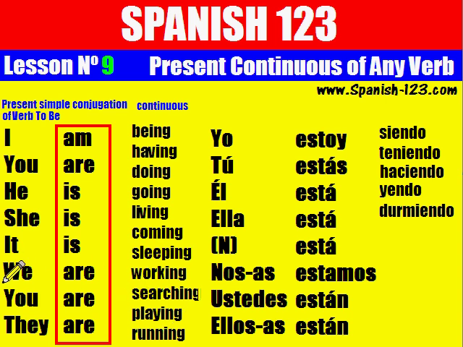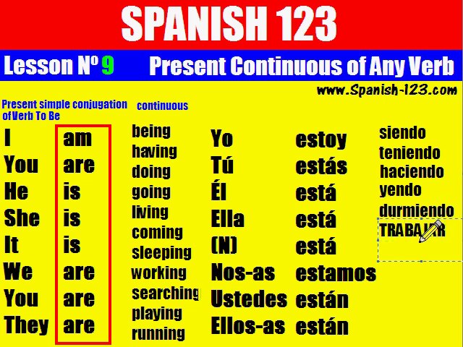Well, now we will say we are working. Nosotros or nosotras, according to the situation. Nosotros or nosotras estamos and working. Verb to work in Spanish is trabajar.